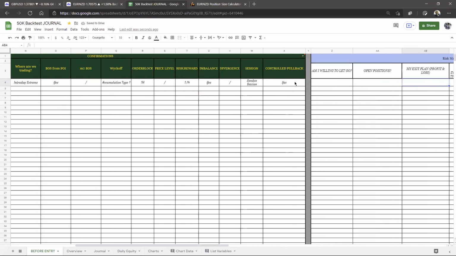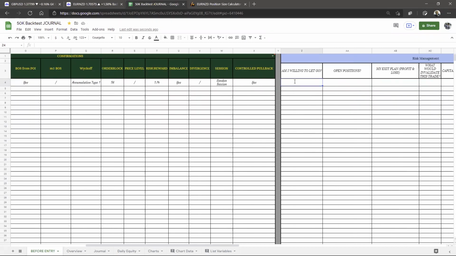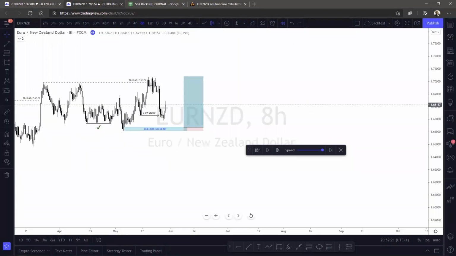Now some risk management questions. Am I willing to let this go? Yes. Open position, we don't have any right now. My exit plan: stop loss below extreme. What would invalidate this trade? Two things would invalidate this trade.